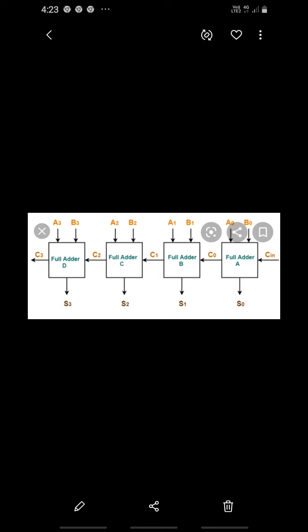Next I will explain about the 4-bit parallel adder using a full adder circuit working principle. So here the above PPT shows the circuit diagram of the 4-bit parallel adder by using the full adder.